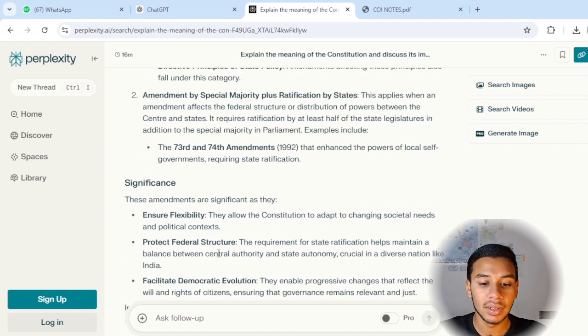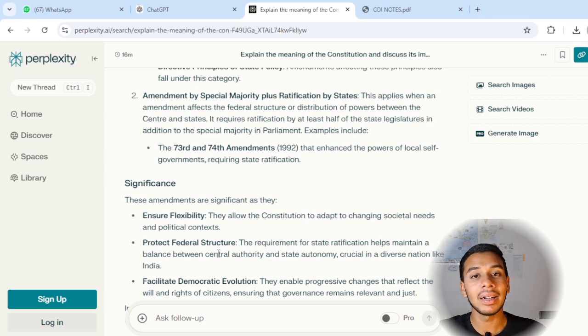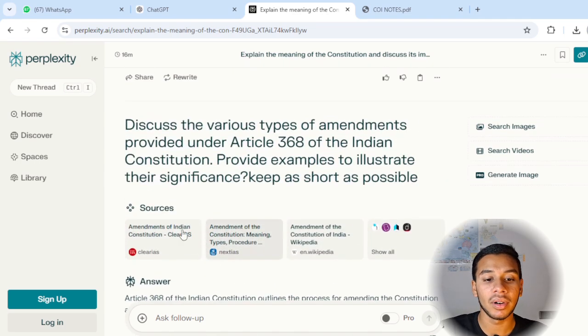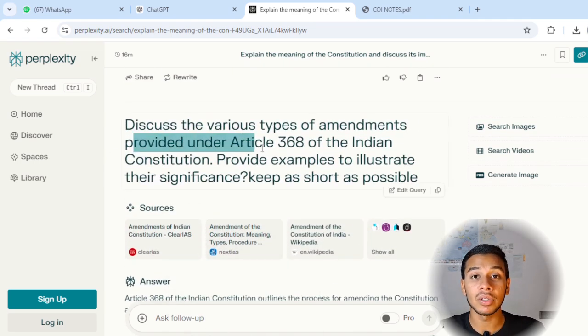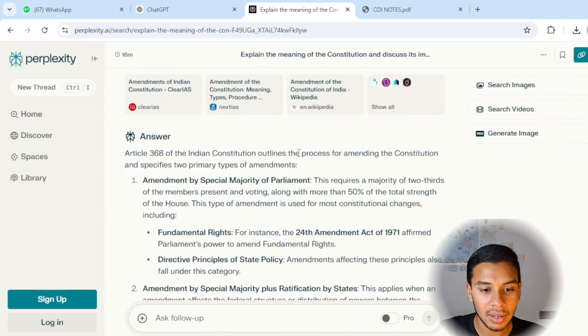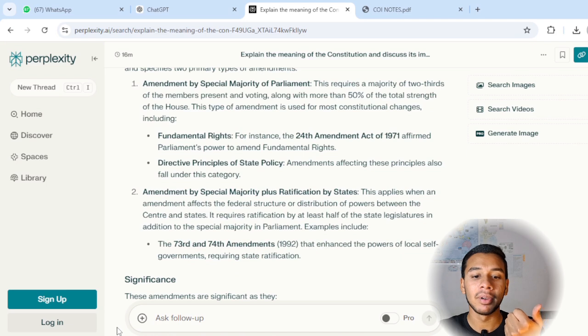That's it, guys. You can pause for a minute and take a screenshot or just read it. This is the importance of Article 368. Am I correct? It's 368. Discuss the various types of amendments provided under Article 368. First, amendment by special majority in the Parliament, covering the fundamental rights and the directive principles of state policy.